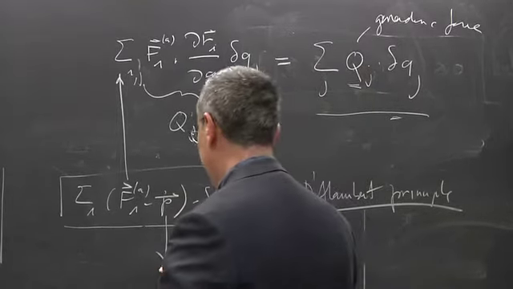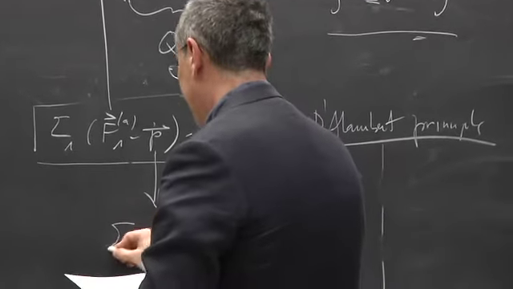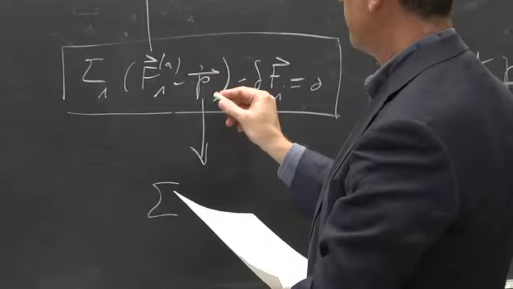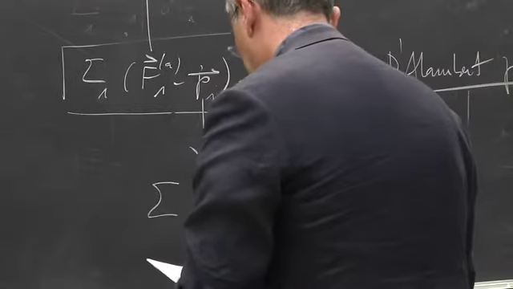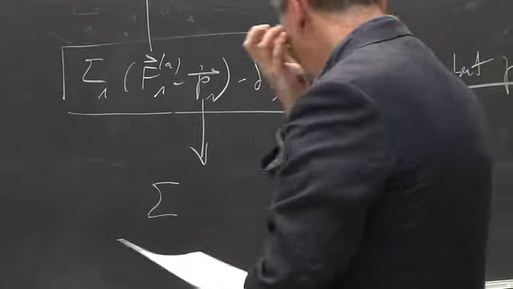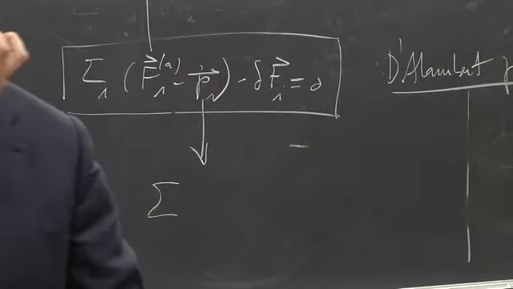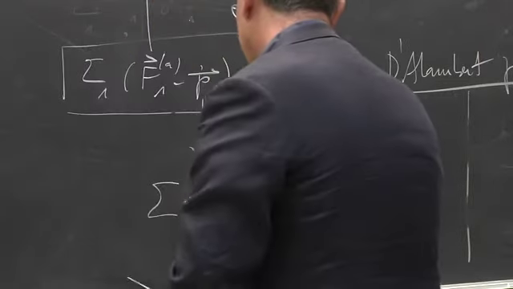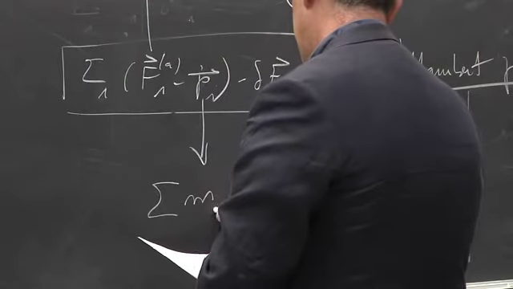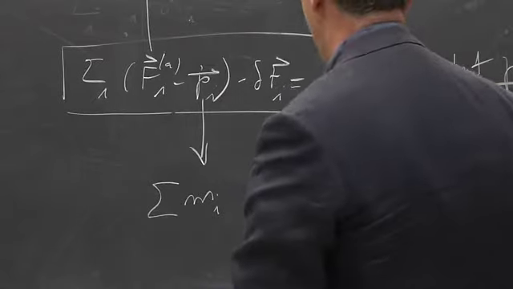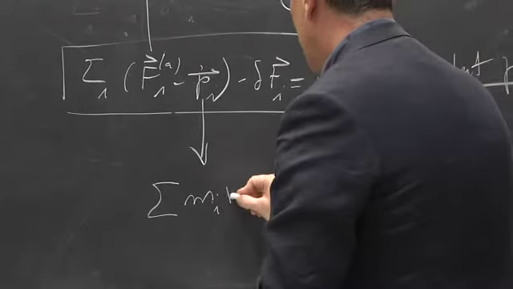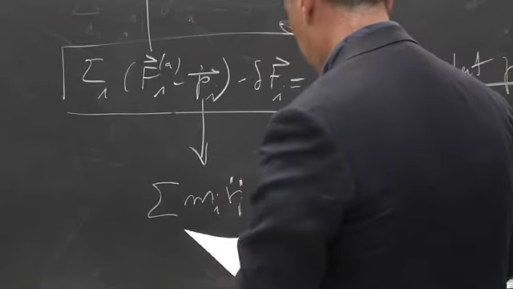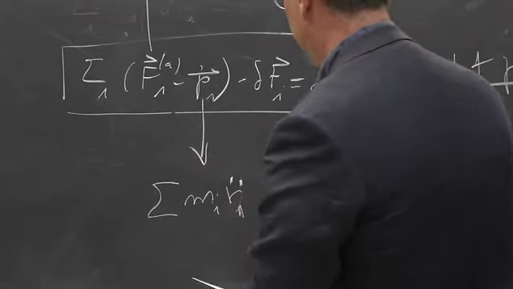How about this term here? Let's write it explicitly. So you have a sum. So what is P dot? It's the derivative of the momentum. So it's the mass, maybe each particle has a different mass, so I call it mi, times ri twice dotted, like this, right? This is the P dot.